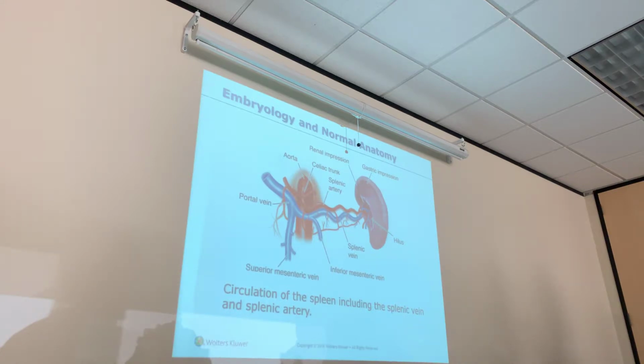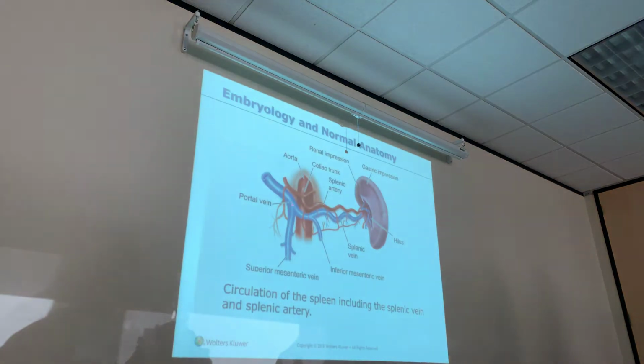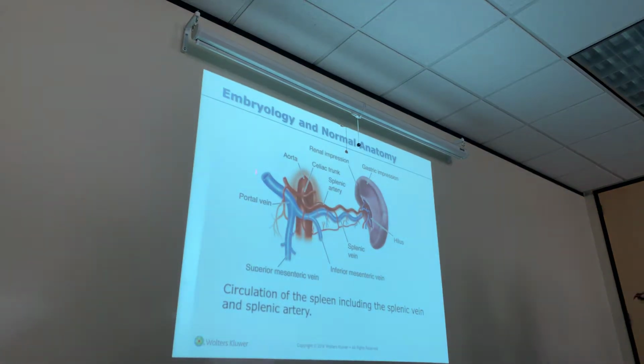So it's superior to it. Splenic artery is a branch off the celiac trunk. And you have the splenic vein, which unites with the inferior mesenteric vein, which forms with the SMV to form the portal vein.